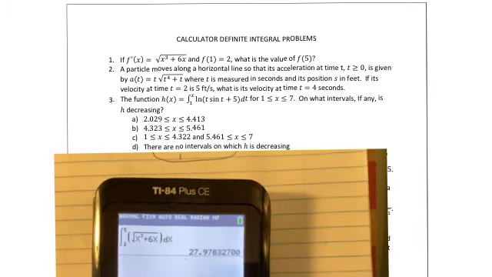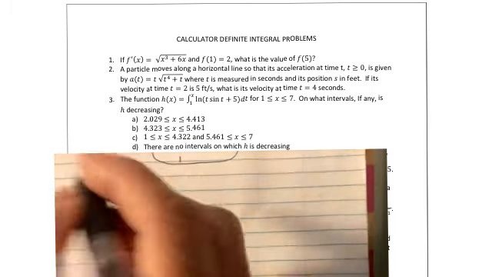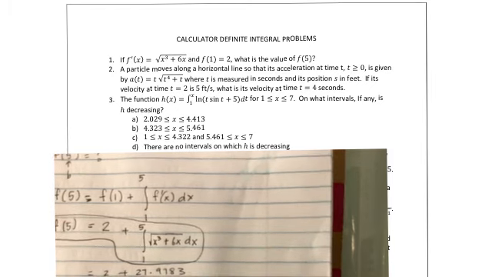Hit enter, and ta-da, we have a number, 27.9783. We want to keep that to 4 decimal places. So this answer becomes 2 plus 27.9783. Final answer, 29.9783. Okay, so that's our first problem.